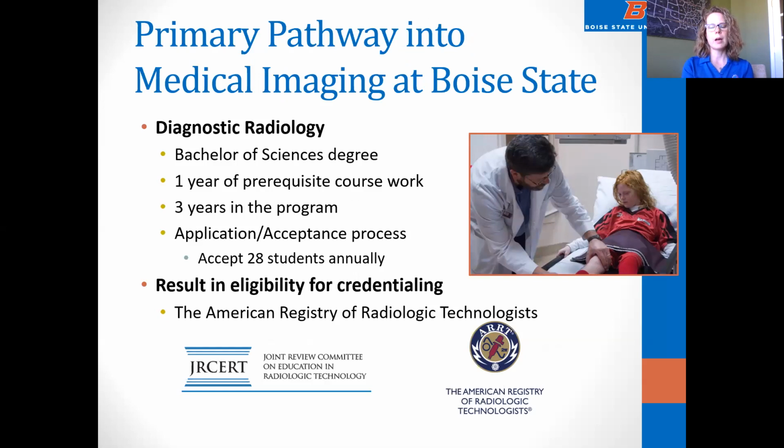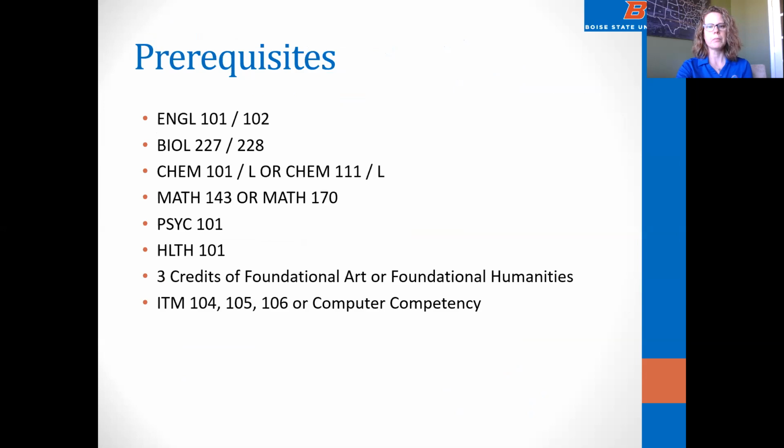We will accept up to 28 students, I should say at least 28 students on an annual basis. And the end of this program will result in a credentialing opportunity through the American Registry of Radiologic Technologists, our nationally recognized credentialing body. And this program operates under the guidance of the JRC-ERT, which is our programmatic accreditation body.